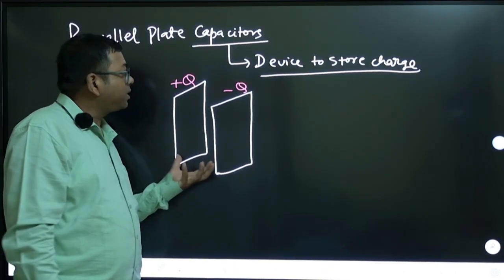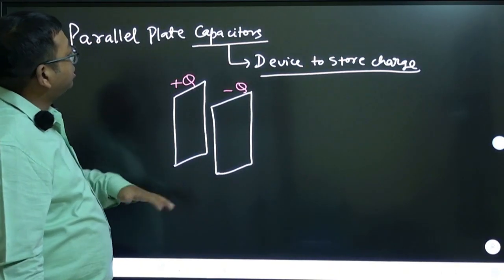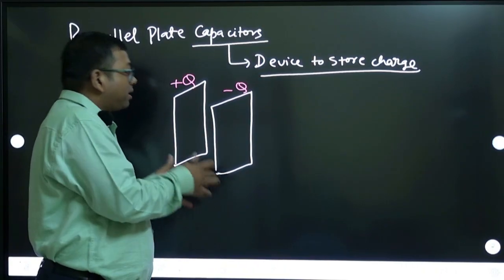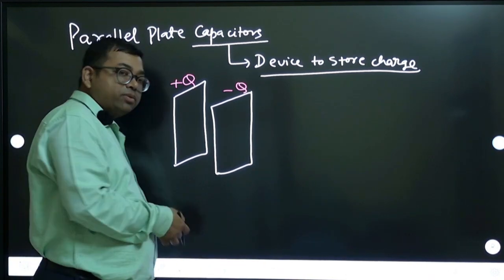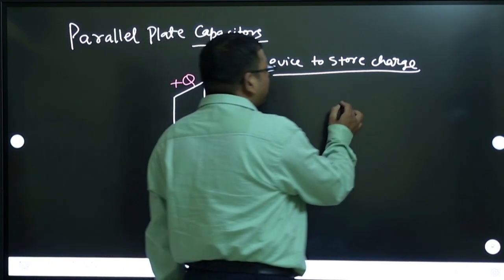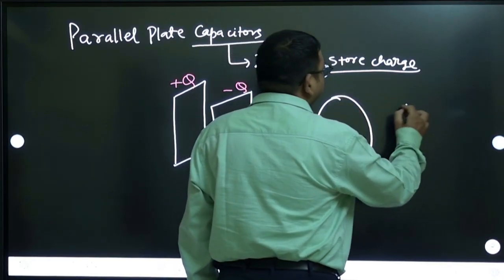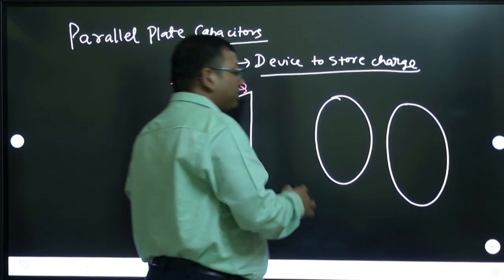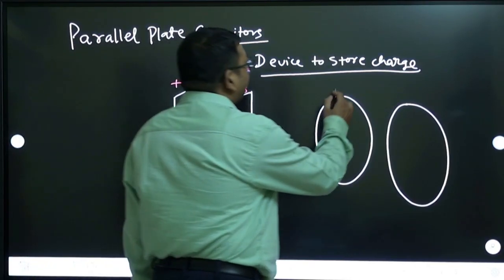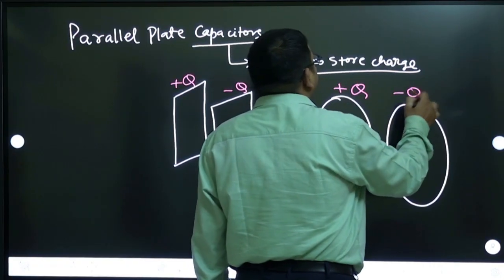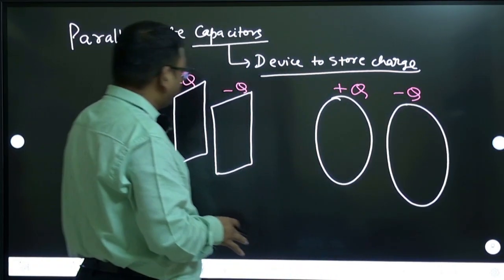So this type of arrangement is called parallel plate. That means two plates are parallel to each other. Now the shape of this need not be square or rectangle, it can be circular plates also, like this. But definitely their areas will be equal only. So you have to give plus q and minus q, their areas will be equal.